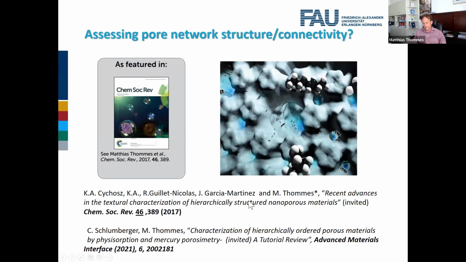Also a couple of years ago, we published a quite comprehensive review on how one should characterize hierarchically structured nanoporous materials. There you find quite a lot of information on how advanced adsorption methodologies can be applied. Of course, we always hint how important it is to combine these techniques with complementary techniques to obtain information about how the pore structure looks like.